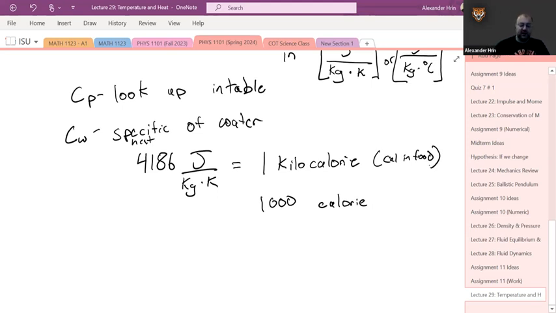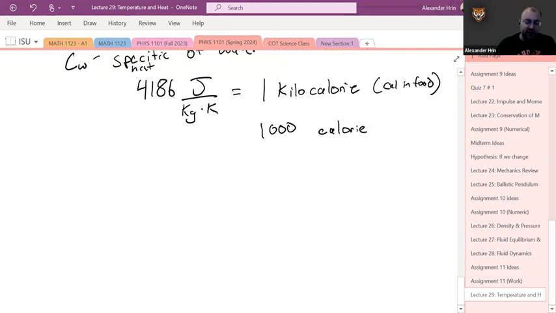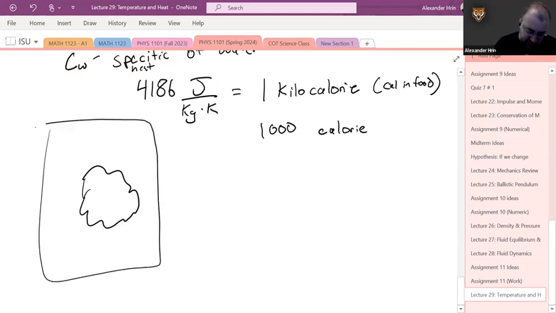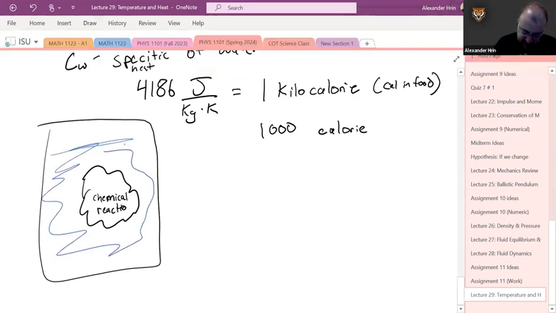What people would do, I'll try and draw a diagram of this, is they would have some chemical reaction, and it would be in this container full of water of known mass.